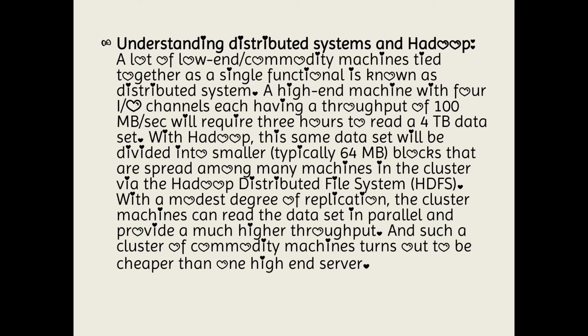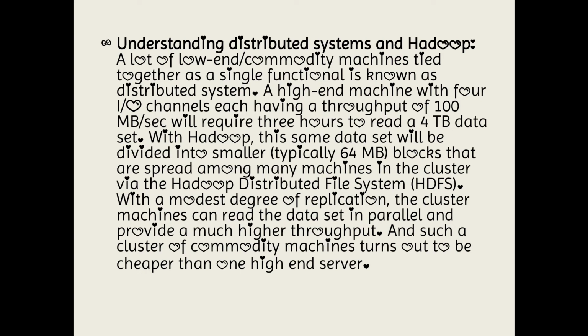See here, the difference between distributed systems and Hadoop is given. For example, the data taken here is about 4 terabytes. For distributed systems, reading that 4 terabytes of data will take so much time. Whereas for Hadoop, it takes less time, because that 4 terabytes of data is divided and distributed to the Hadoop cluster.